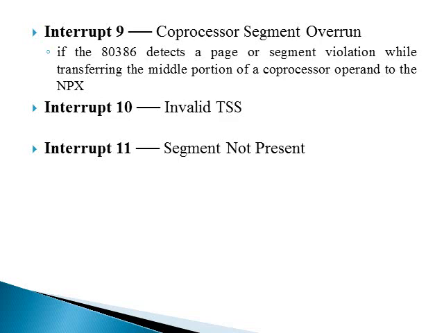Interrupt 10, which is the invalid TSS exception. Interrupt 10 occurs if during a task switch the new TSS is invalid.